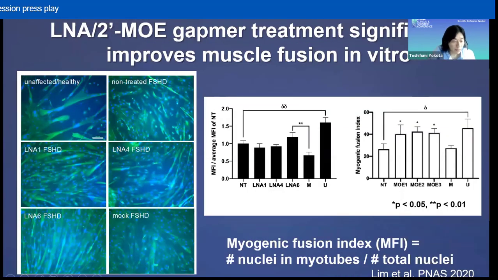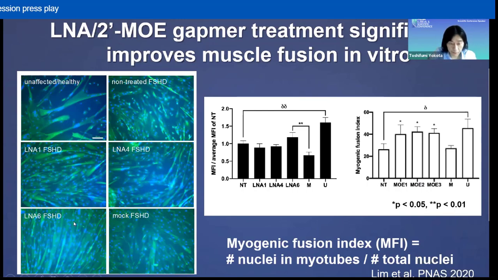Okay, so we also looked at the morphology of the cells. In FSHD patient cells, they have problems in muscle differentiation. They have an issue in muscle fusion. Compared to untreated healthy cells, non-treated FSHD cells don't fuse very well. They are still myoblasts and mononucleated cells, and they are much thinner compared to unaffected healthy cells.